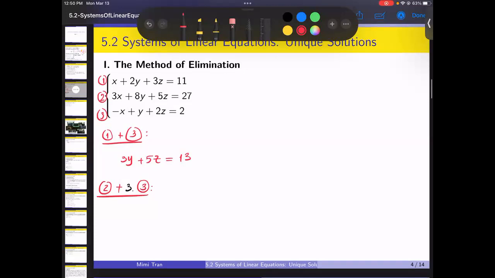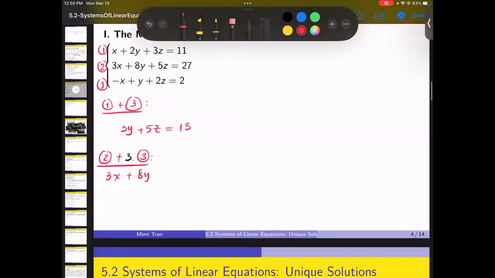Equation 2 is 3x plus 8y plus 5z equal 27. And don't forget to multiply the third one by 3. Like that. So negative 3x plus 3y plus 6z equals 6.